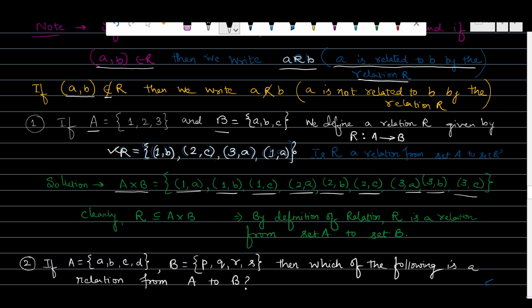Now we can see that (1, b), (2, c), (3, a) and (1, a) belong to R as well as A cross B. So clearly R is contained in A cross B, or R is a subset of A cross B. Hence by the definition of the relation, R is a relation from set A to set B.